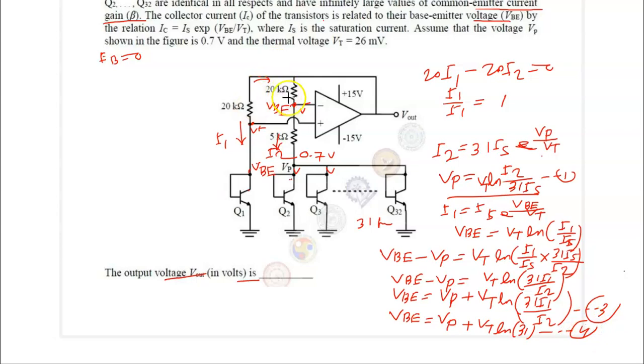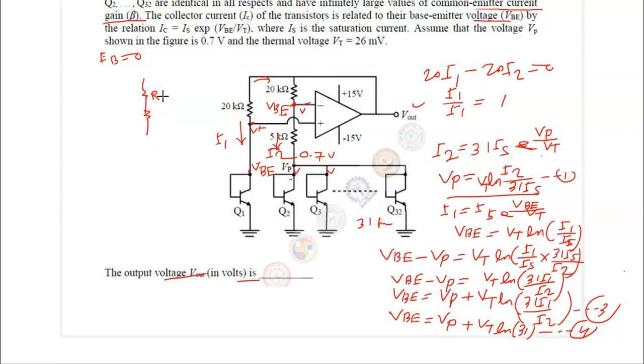Now look at how we can relate this VBE with the V out. Here is the V out, here is the VBE, here is the VP, three voltages. Just a simple concept I want to make you understand.